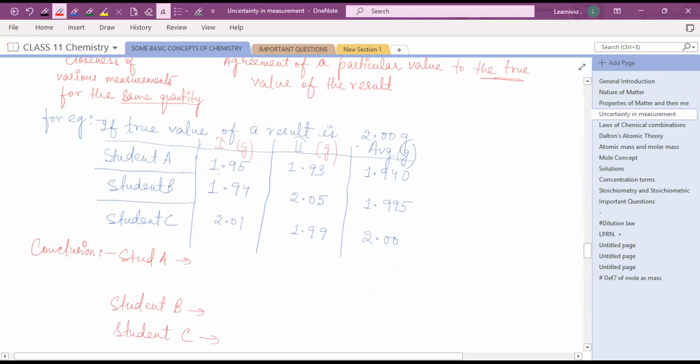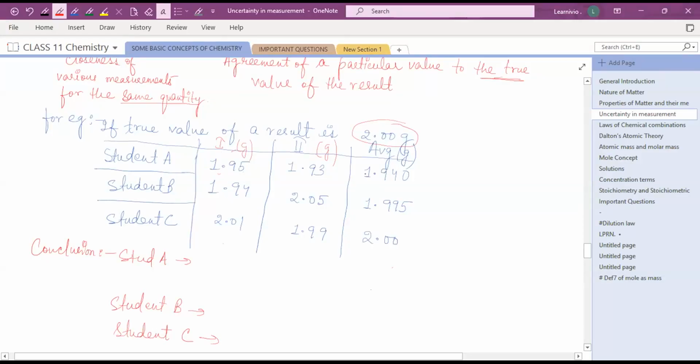if the true value of any result is 2 gram, and there are three students doing some measurements. They note down two readings, first reading and second reading, and calculate the average of these two readings. So for student A, the first reading is 1.95 and the second reading is 1.93.